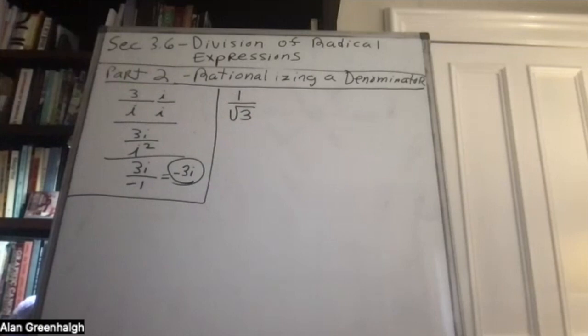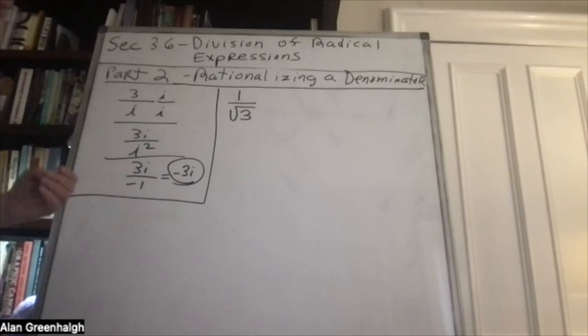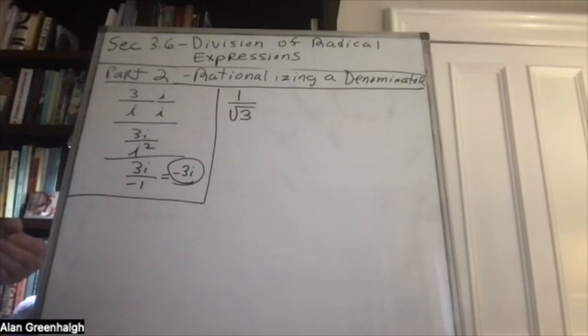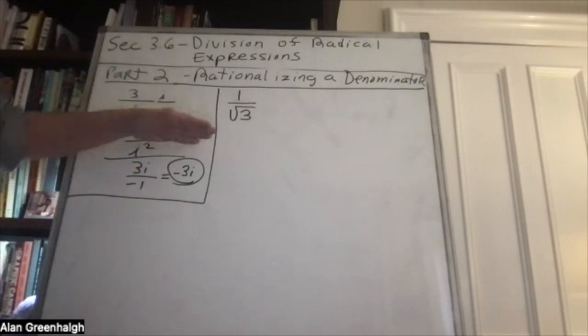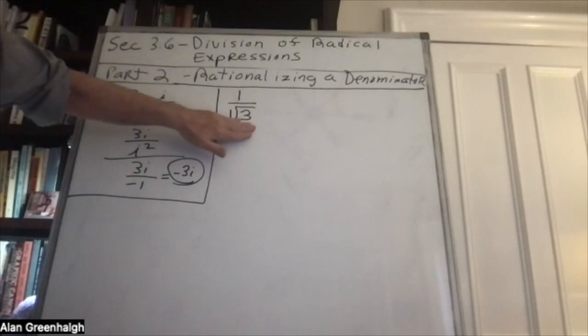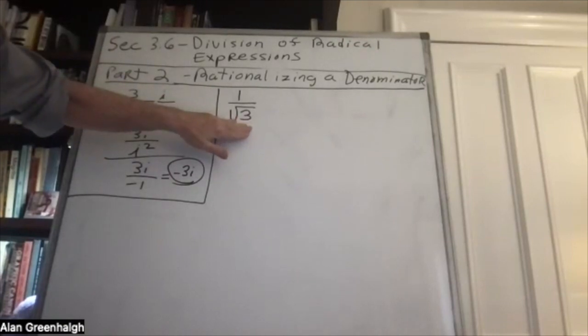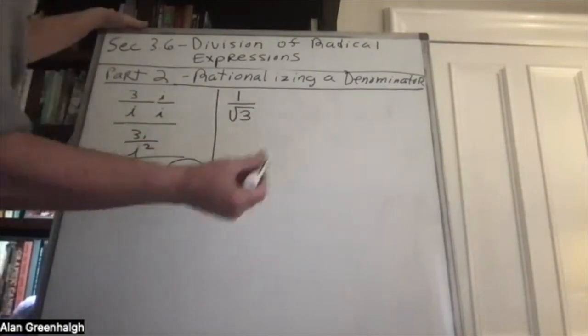It's going to focus on the concept of rationalizing a denominator when the denominator is a radical expression, such as that, which comes up very often in mathematics. We do not want an irrational number in the denominator any more than we want an imaginary number in the denominator. It's just easier to work with when this is a rational number. So what we do is the same thing.